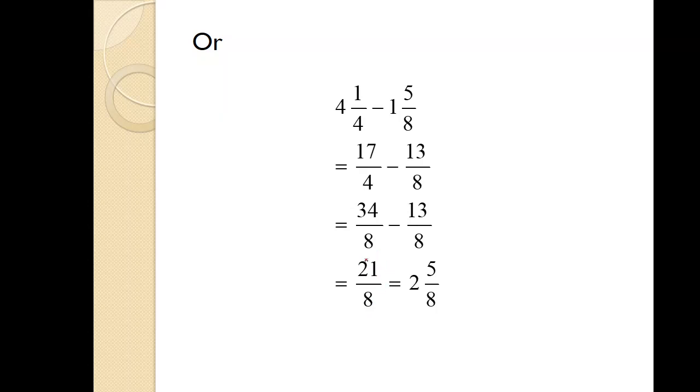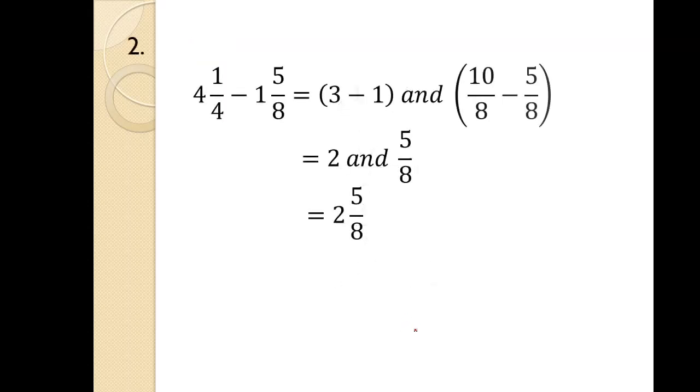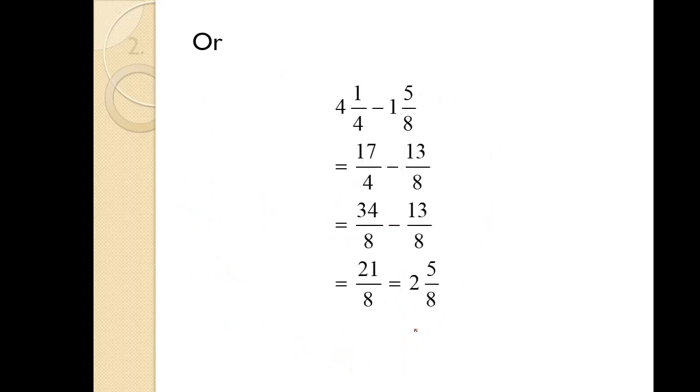Now we need to change this improper fraction to a mixed number. 8 can go into 21 2 times, then there will be a remainder of 5, which will be over 8. Okay, that's our final answer. You can see that we are getting the same answers.